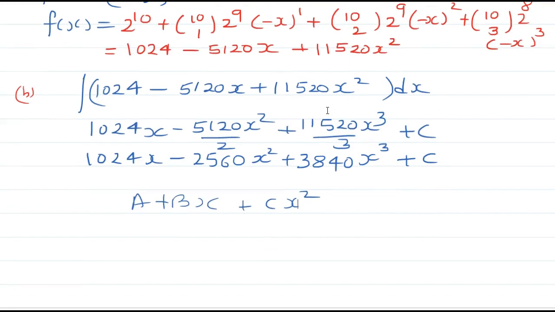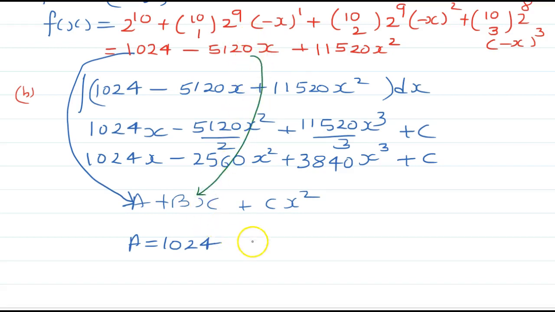From here, let's compare. If you compare this, a will be 1024, and from here b will be, they are not asking but I'm writing, minus 2560, and c will be 3840. Nice and easy. Let's go for another question.